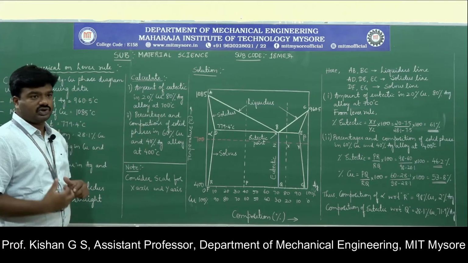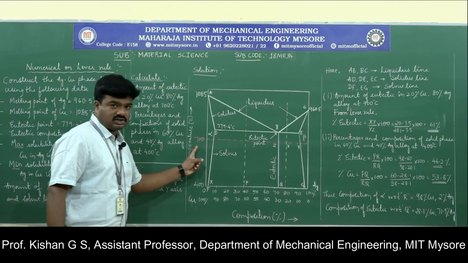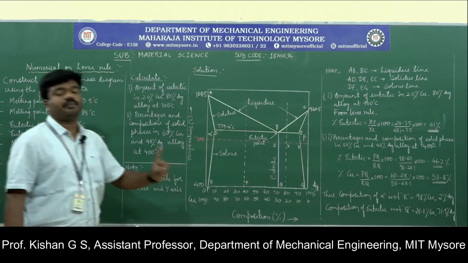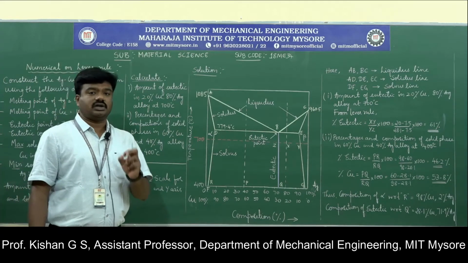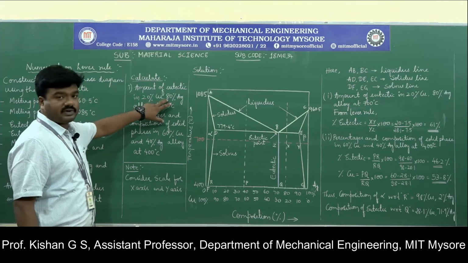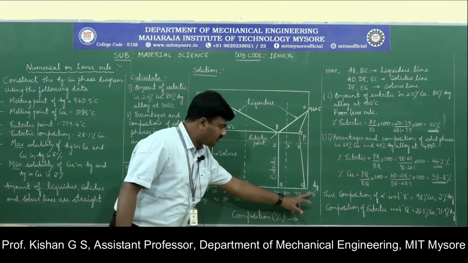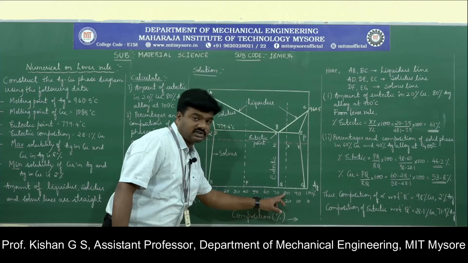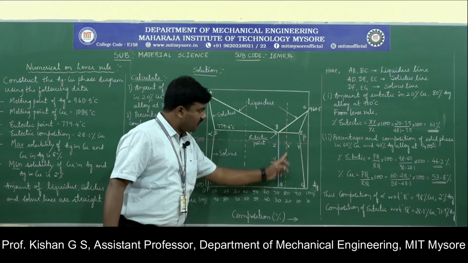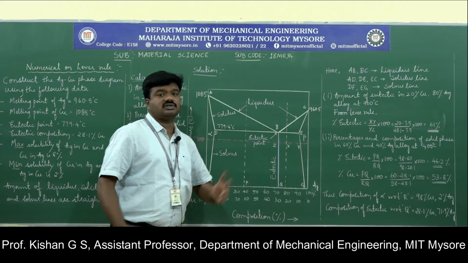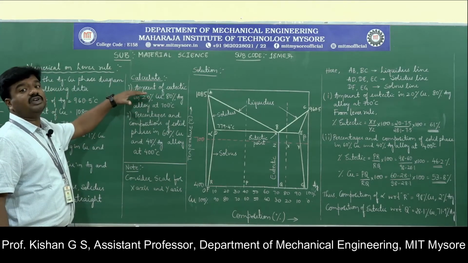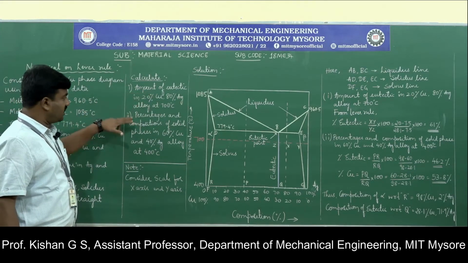So along 700 degrees Celsius, we have to first draw the horizontal line that represents the temperature at which the composition is to be taken. Followed by that, it is 20% of copper and 80% of silver. So measure the composition, 20% of copper, 80% of silver, and draw a vertical reference line. This particular line gives us the data wherein we are going to identify the amount of eutectic at 700 degrees Celsius.